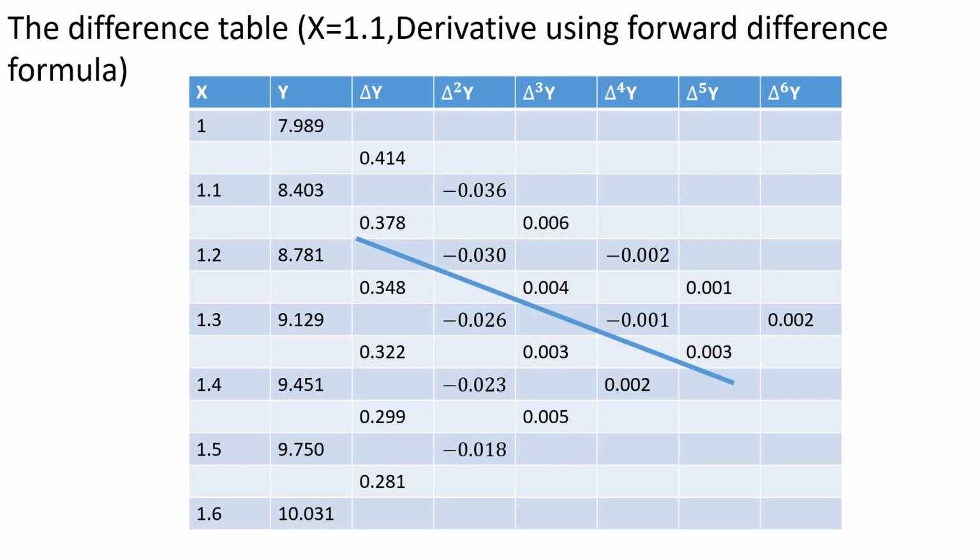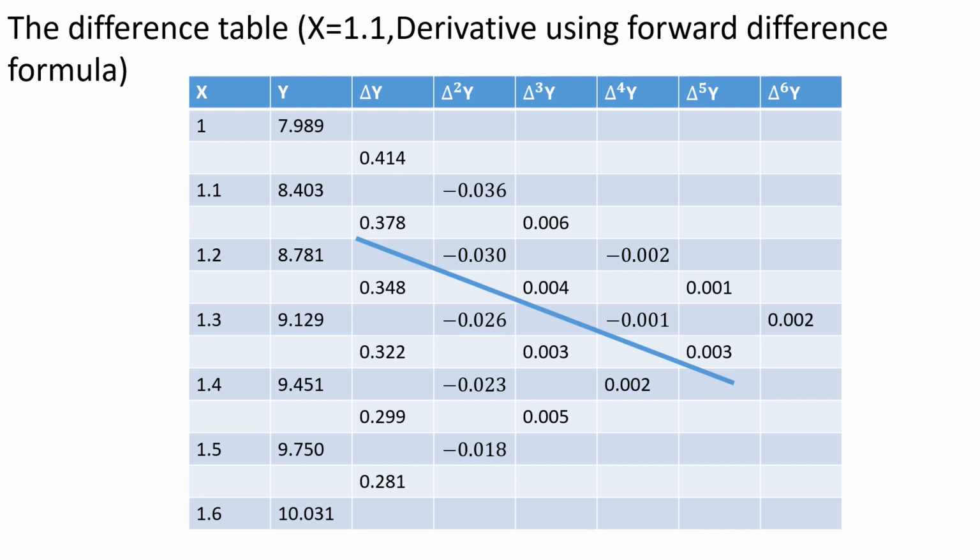Here is the first case, x equal to 1.1, where we find the derivative using the forward difference formula. This is the difference table, and the formula uses the forward operator. You can see 1.1 is where we have to find it, so draw a line accordingly.